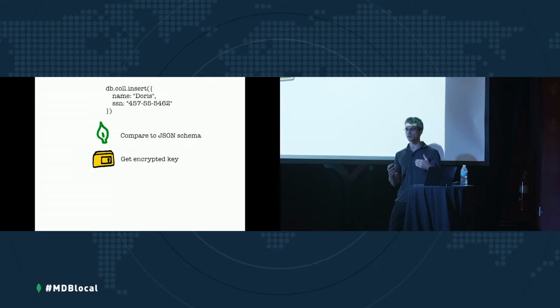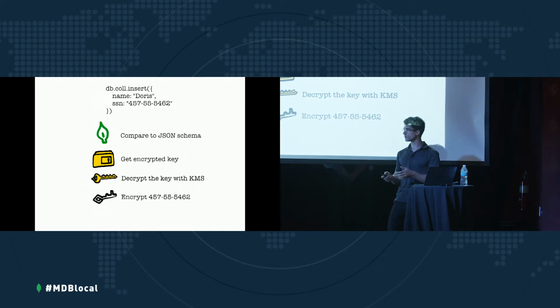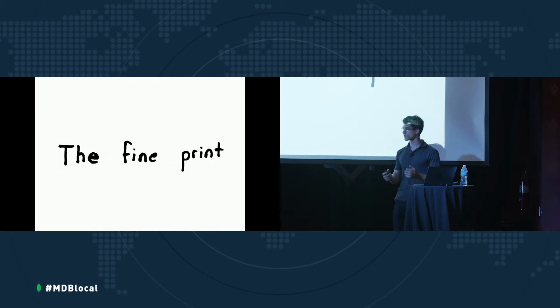That key comes to us encrypted. We send that key to KMS to decrypt it. Then we encrypt the value that we want to encrypt, and then finally send that insert with the encrypted bin data to MongoDB. That happens all within the client. So that's a pretty high-level overview of how it works.